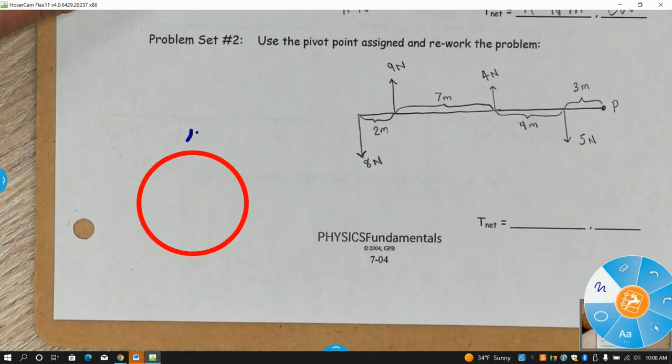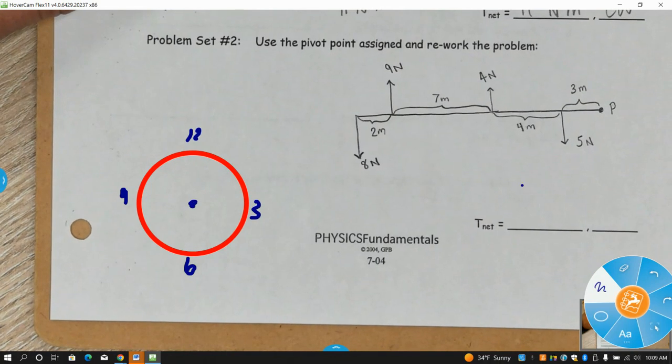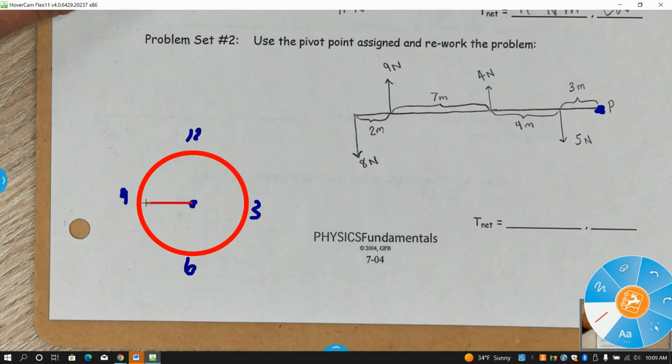We have 12, 6, 3, 9, and our pivot point. So our pivot point is over here, letter P. What direction is the bar going? Is it going towards 9 o'clock, 3 o'clock, 6, or 12? 9 o'clock. It's going towards 9 o'clock. So we're going out in this direction.